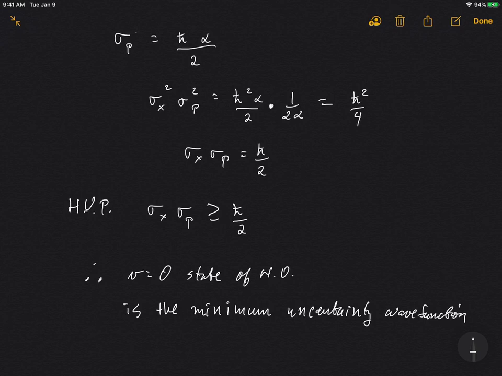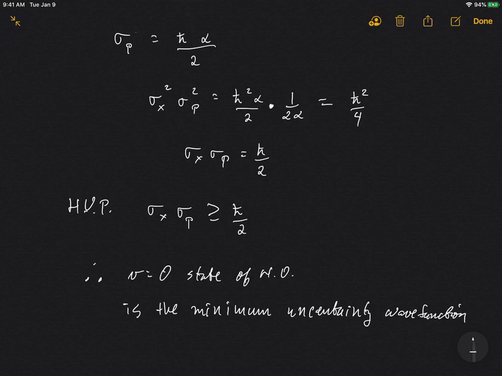Any other kind of wave function, and we'll see other kinds of wave functions, gives more uncertainty. We already saw sines for the particle in a box. That gave an uncertainty product, sigma x times sigma p, that was greater than h bar over 2. Here we have the minimum uncertainty wave function.